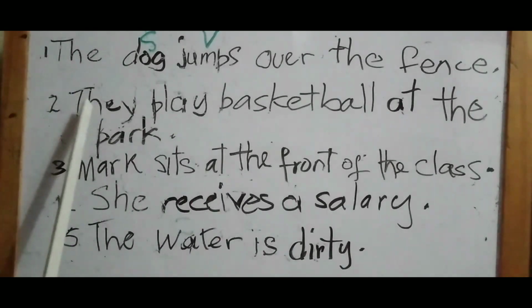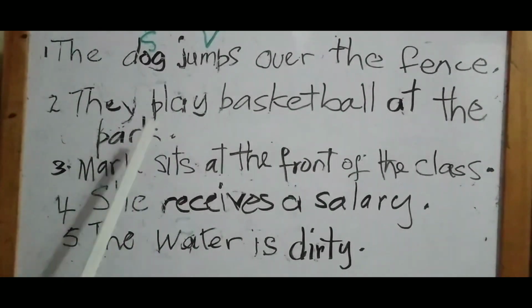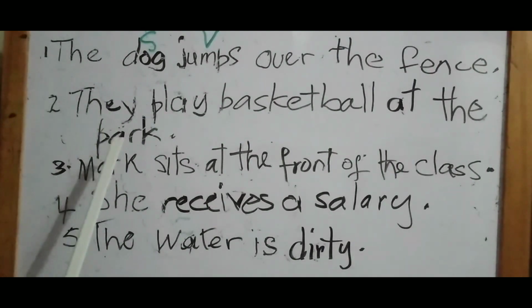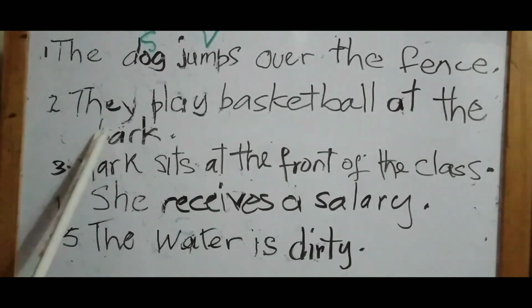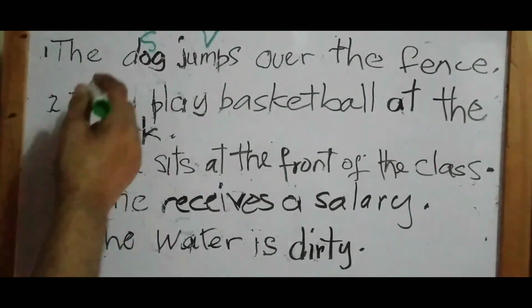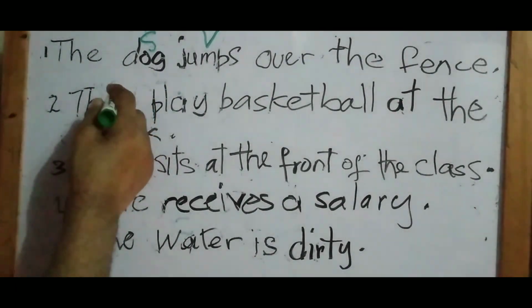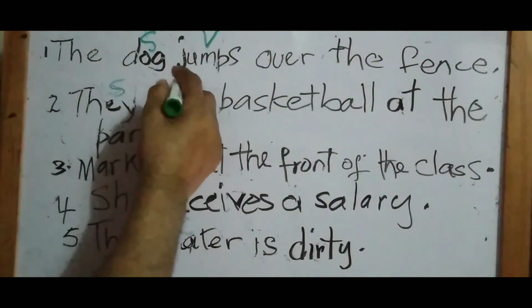All right, number two, they play basketball at the park. Now, who is the sentence about? They means more than one person. And what does the subject do? In this case it is they play. So let us put S, and play is the verb.